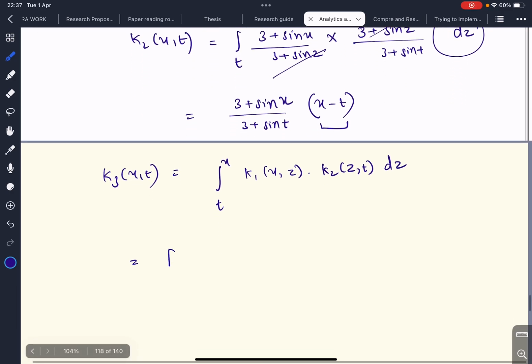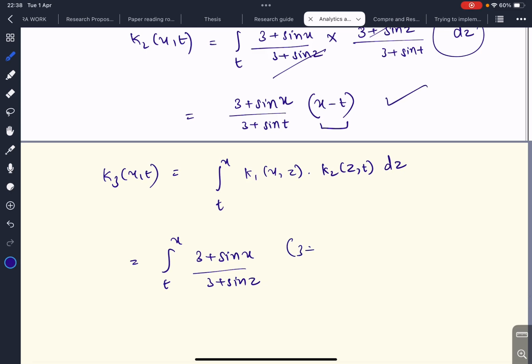So you put this value from t to x. What is K1(x,z)? This is 3 plus sin x upon 3 plus sin z. And what is K2(z,t)? It is this value, which is 3 plus sin z upon 3 plus sin t into z minus t dz.